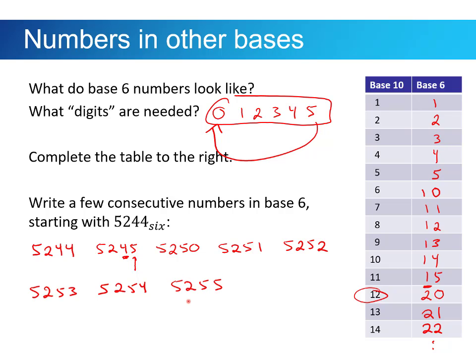Oh, this is where it's getting interesting now. I need to increase that rightmost 5 by 1. It's going to turn into a 0, which then increases the guy to the left of it by 1. Oh, so that turns into a 0 as well, and the one to its left increases by 1, giving us 5, 3, 0, 0. This is a little bit like in our system, if I got to the number 7,299, after that becomes 7,300.